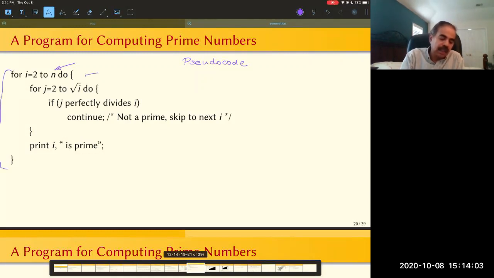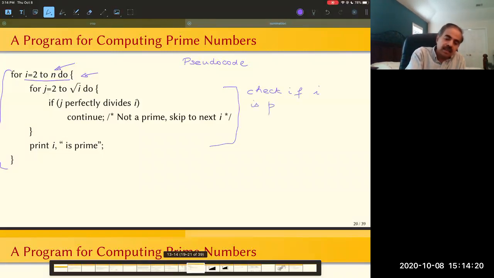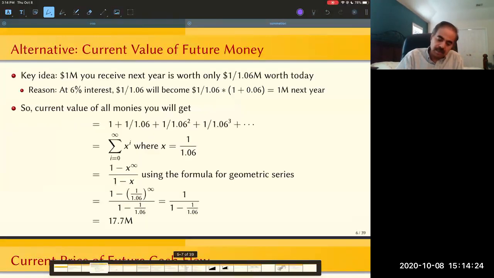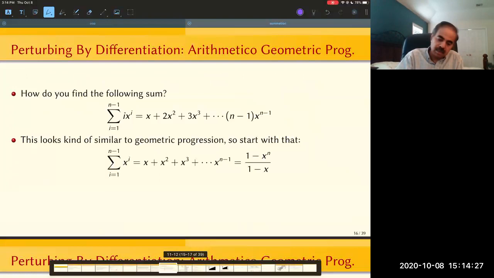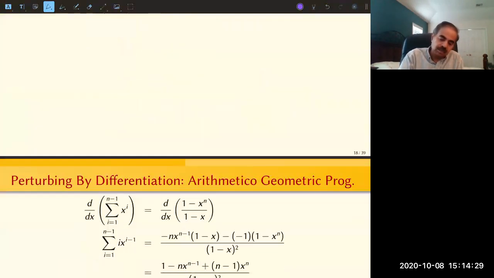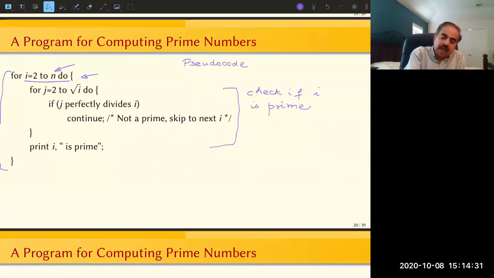The outer loop goes over every number between 2 and n, and what it does in the inner loop is check if i is prime. That's the purpose of the inner loop.